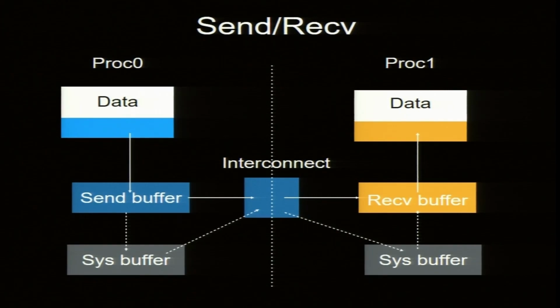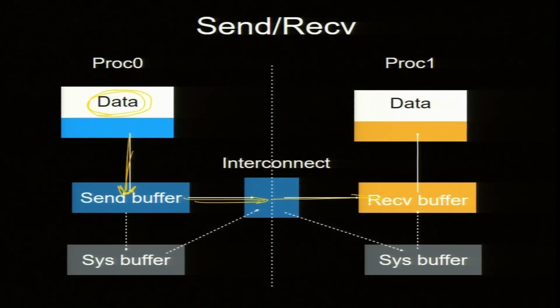Imagine only two processors. Process 0, this is the data in your program, and this part of the data, the data is big, but this data I want to send to P1. So, I send this data to a buffer, typically a temporary location, and then send that data to the switch, like the Ethernet switch or InfiniBand switch I discussed, and the switch will transport it to another buffer for P1.